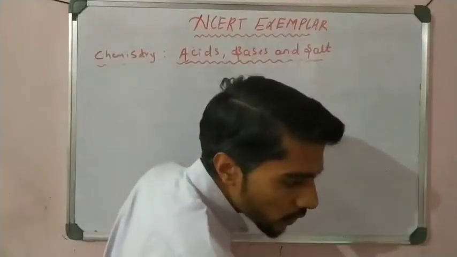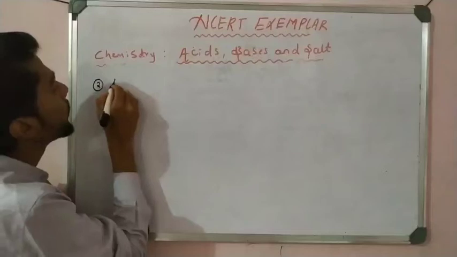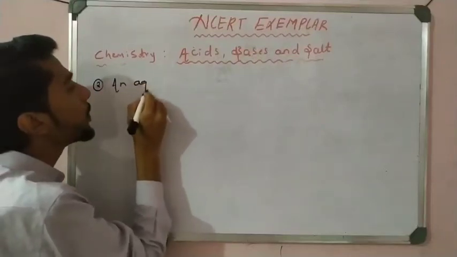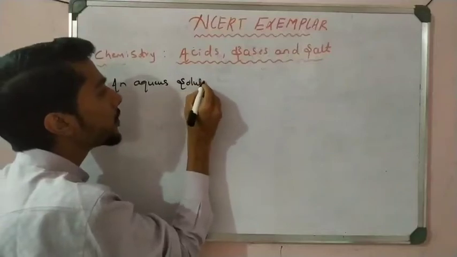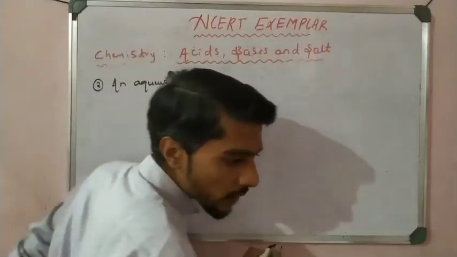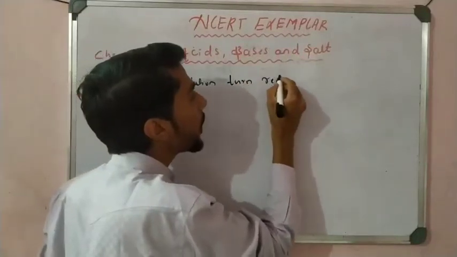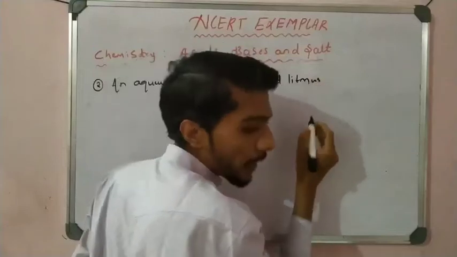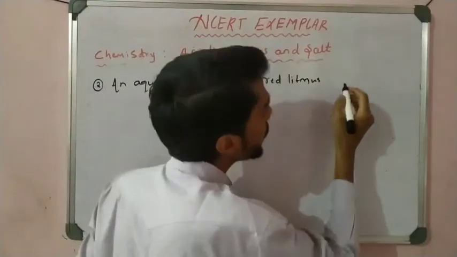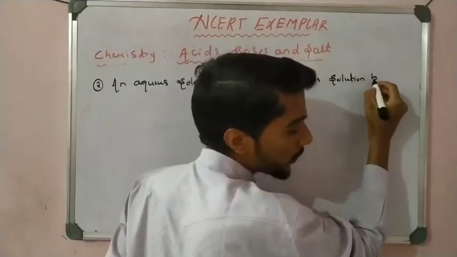See the second question. An aqueous solution turns red litmus solution or paper blue.